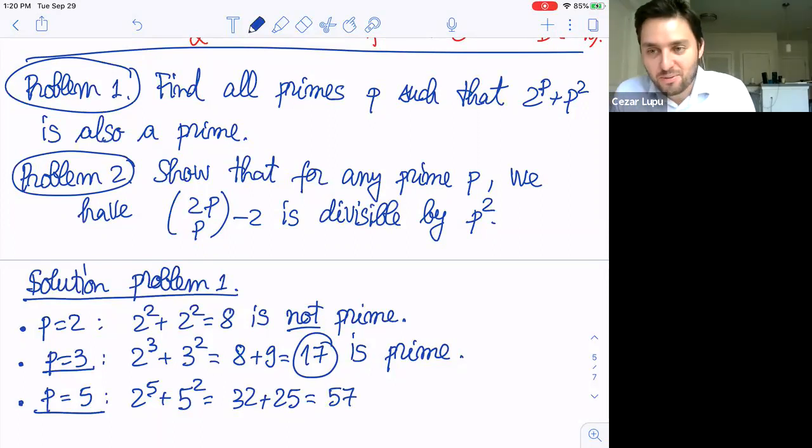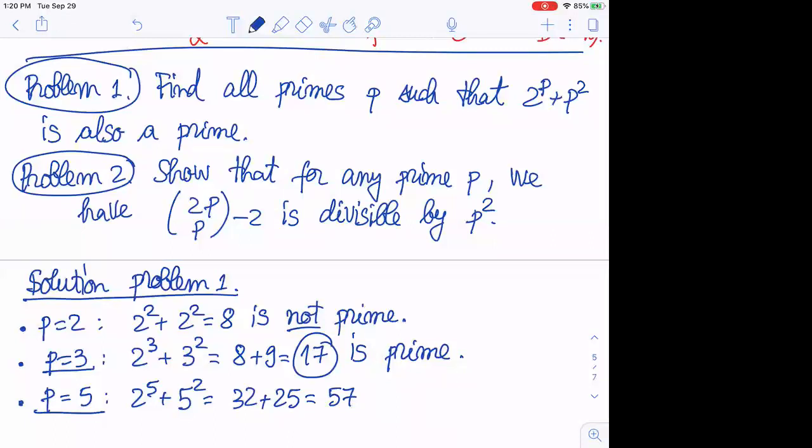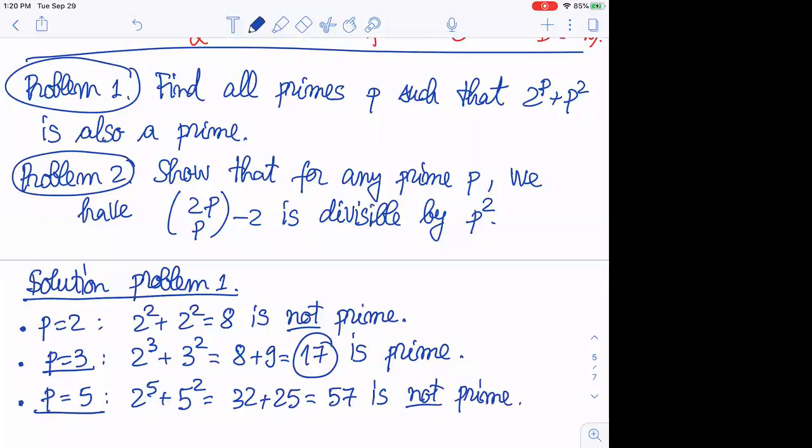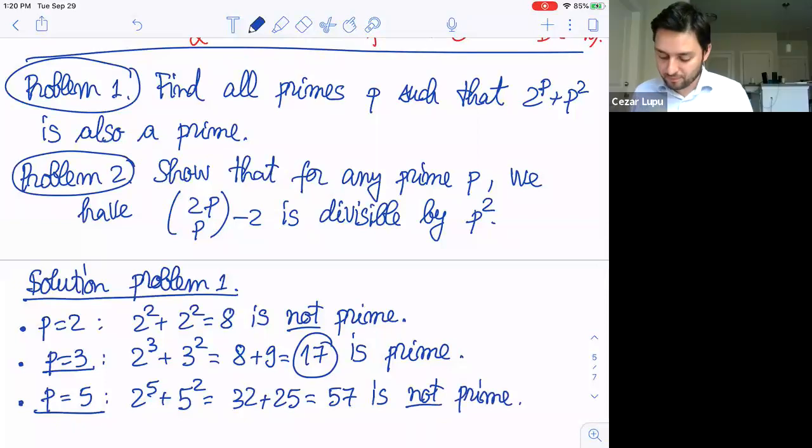So what do you think? Is this a prime or not? I think it's divisible by 3. Yes. 57 is not a prime. Okay, good. All right. So this guy is not a prime.